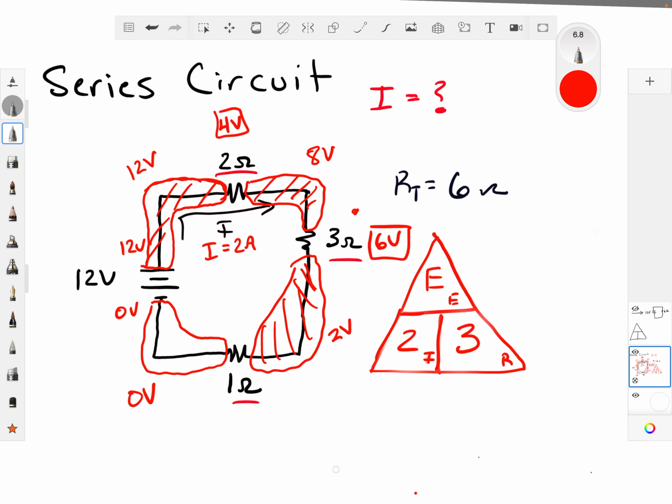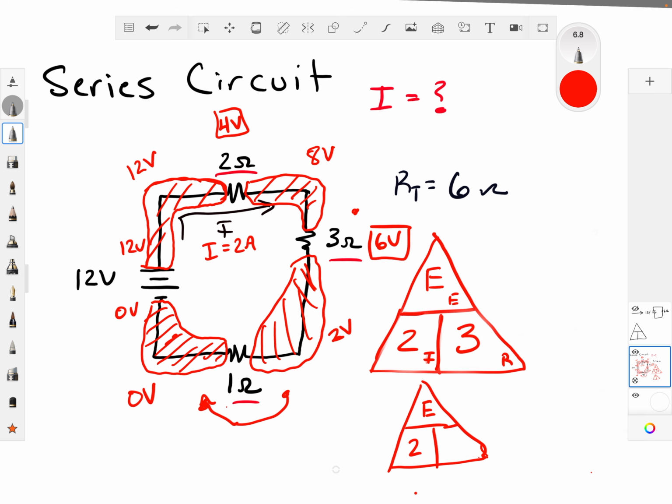Well, just from logic, we should know if there's 2 volts here and we know that there's 0 volts on this side, on the ground terminal of the battery, what should be the voltage drop across this 1 ohm resistor? The answer was obviously 2, right? But if we just use Ohm's law triangle one more time, we're trying to find the voltage drop across this resistor.